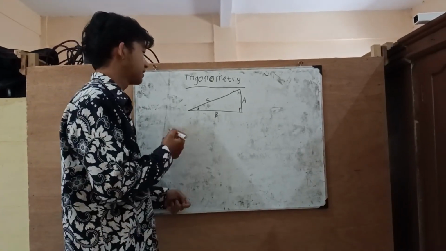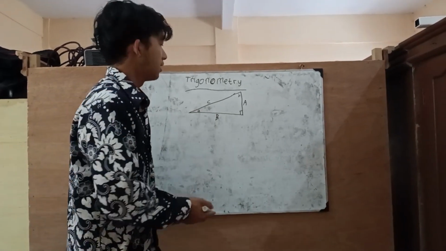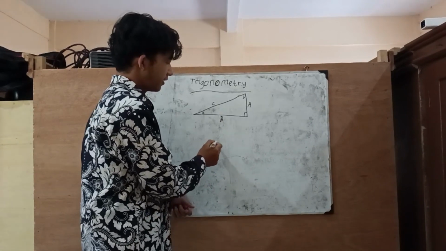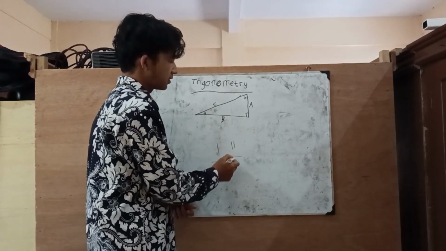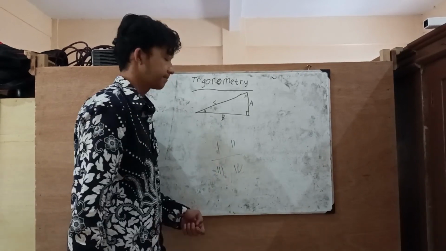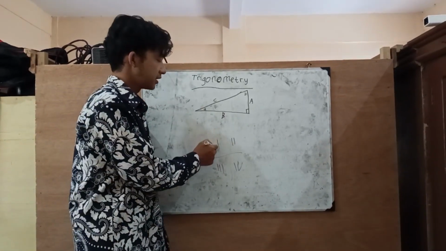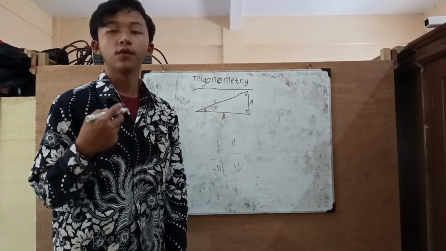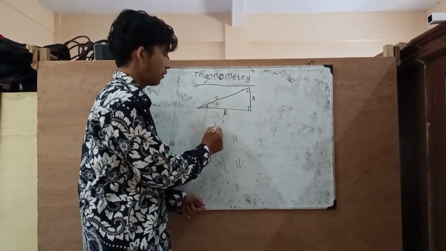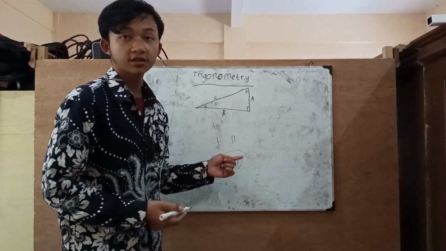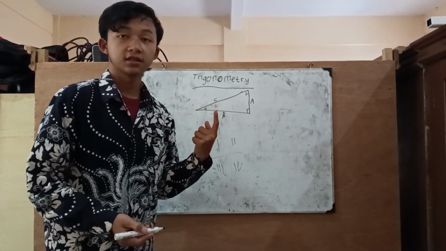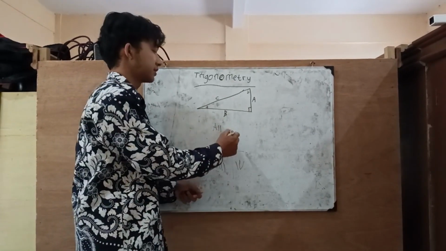Okay, next is the quadrants. In trigonometry, there are 4 quadrants: first quadrant, second quadrant, third quadrant, and fourth quadrant. In the first quadrant, all functions have positive values. All. In the second quadrant, just sin and cosecant have positive values.